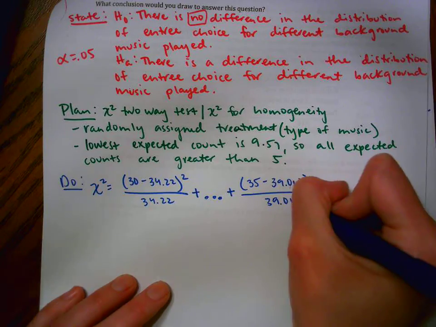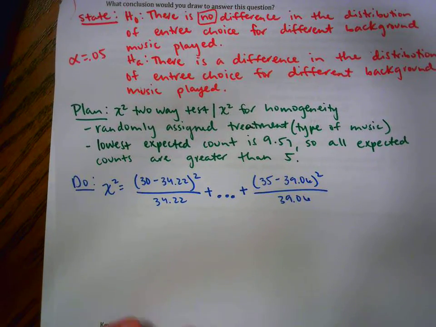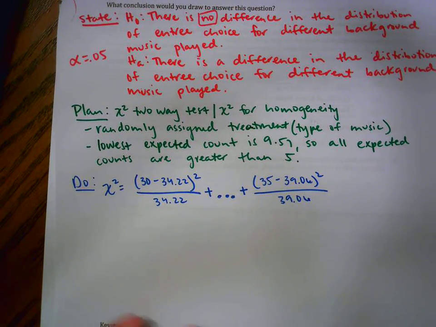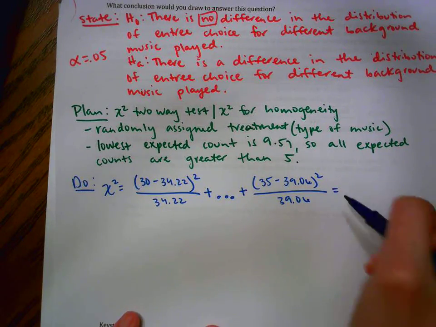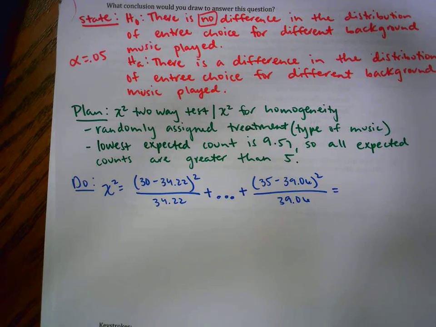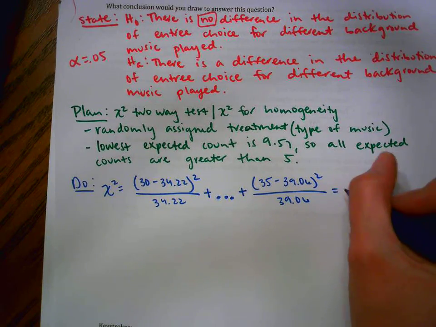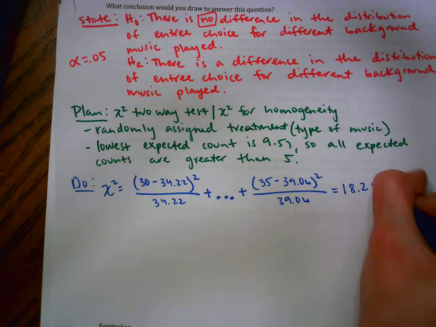I encourage you to try to actually do this in your calculator by hand. Type all 9 components, write each thing you add as a component, and see if you get the same number. I'm going to save us some time in the video, but pause it here, do your own math, and see if you got this answer. It should be 18.28.